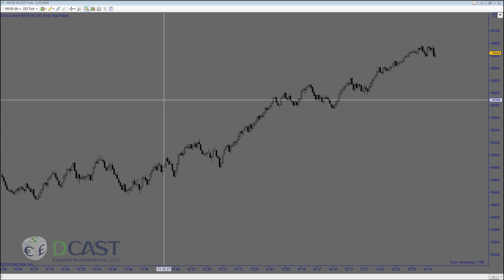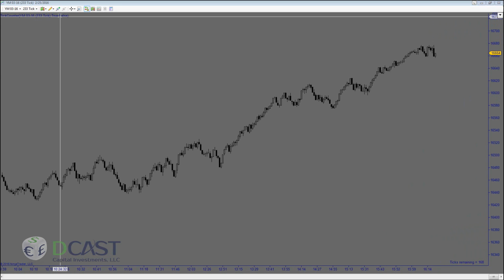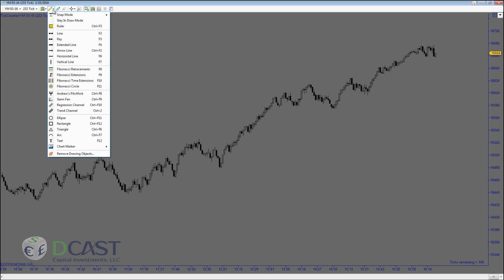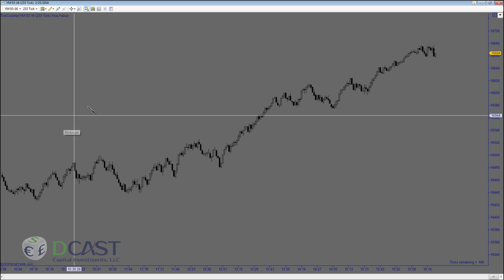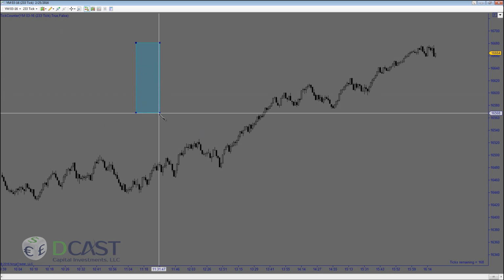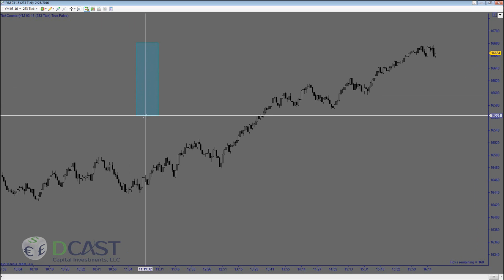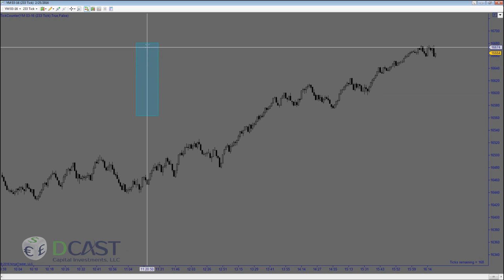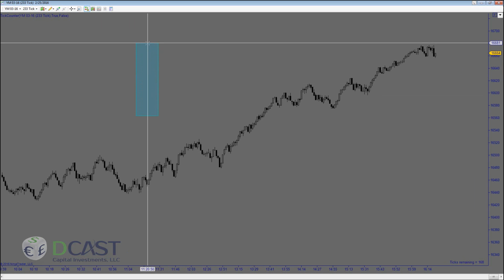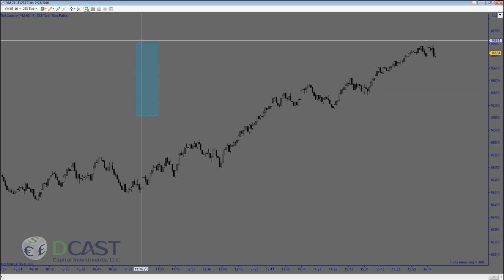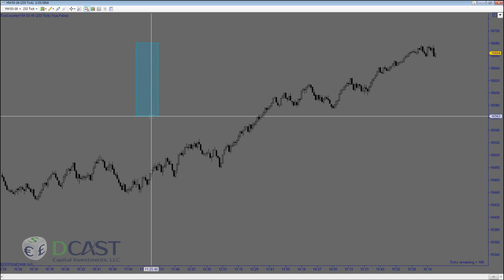Okay, there's a couple of things I want you guys to first wrap your heads around, and let's create an imaginary candle here. Let's pretend that this candle is a bullish candle and that it opened here and that it closed here. This example would be the same for the bearish candle, only of course it would have opened here and it would have closed here.